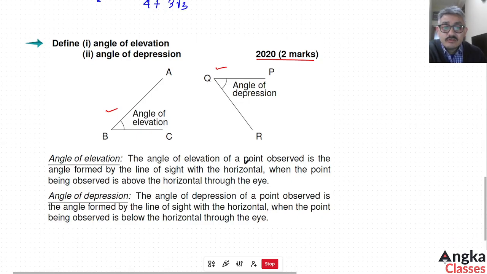The angle of elevation of a point observed, point C from A, is the angle formed by the line of sight.